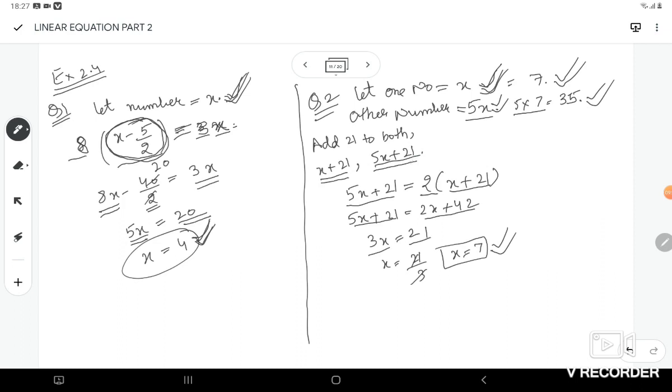The new number 5x plus 21 becomes equal to 2 times x plus 21. On transposing and solving, we get 3x is equal to 21, and finally the value of x is equal to 7.